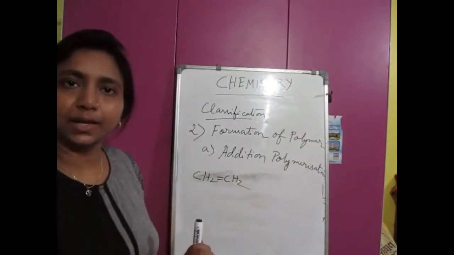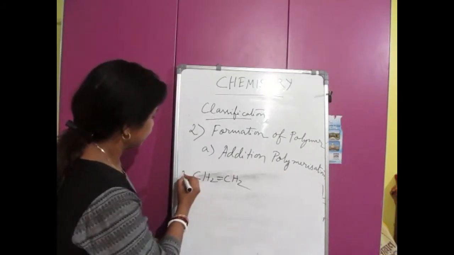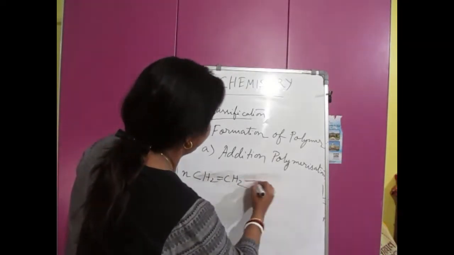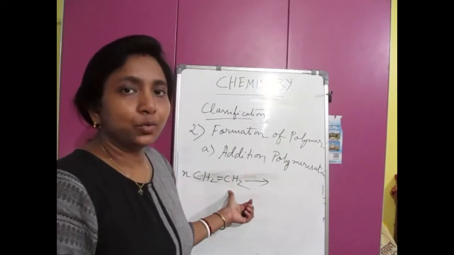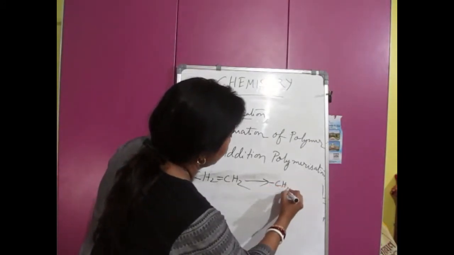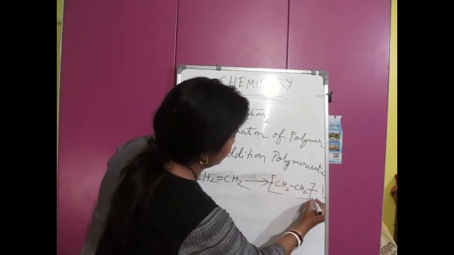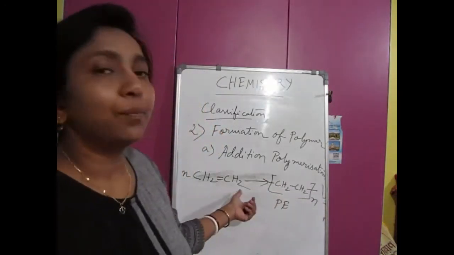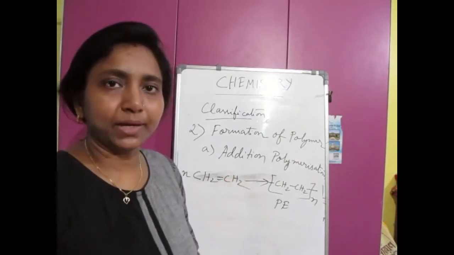This is ethylene. We have to take n number of ethylene. Now after polymerization we get polyethylene. So this type of polymerization is called addition polymerization.